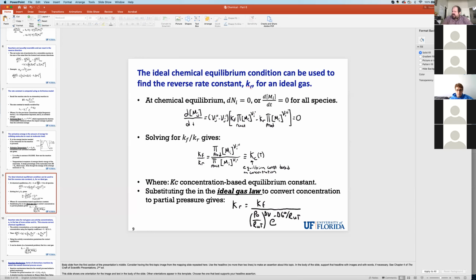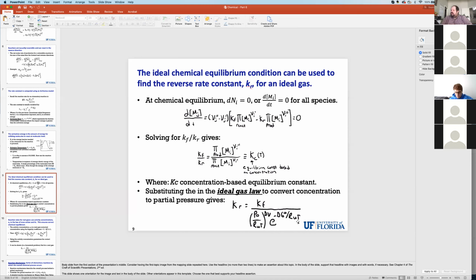But if you substitute in the ideal gas law and convert concentration to partial pressure and mole fractions, you will get that Kr is equal to Kf over (P naught over RuT) raised to the delta nu, where again delta nu is just the net change of moles from the reactant side to the product side of the chemical reaction, times Kp of T. And again, Kp of T is equal to exp of minus delta G naught over RuT.